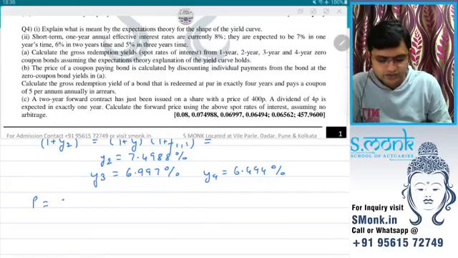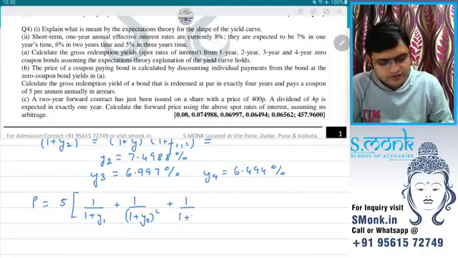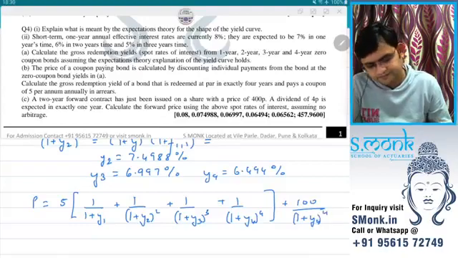Price is going to be coupon, that is 5. Okay. And we'll have 1 by 1 plus y1 plus 1 by 1 plus y2 whole square plus 1 by 1 plus y3 whole cube plus 1 by 1 plus y4 whole raised to 4. And then plus redemption is 100 upon 1 plus y4 raised to 4.